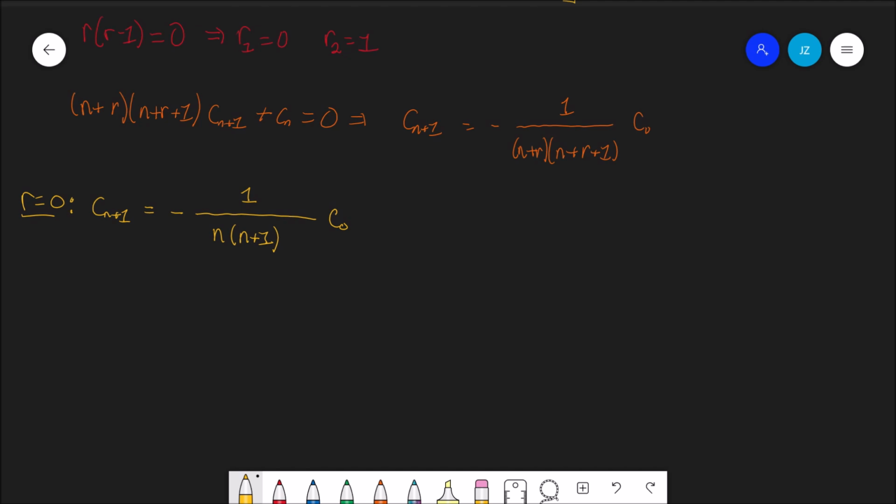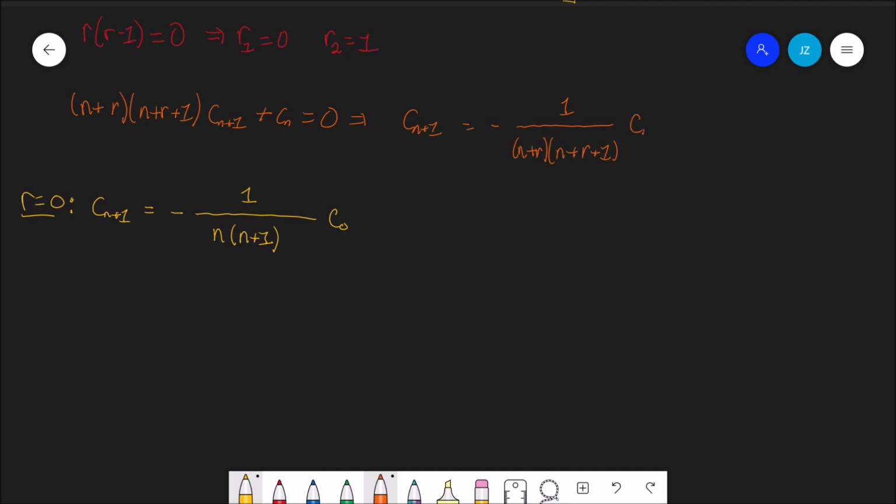Notice that n cannot equal 0, so our summation would have to start with n equals 1. I'm sorry, I don't know why I wrote c0 here.